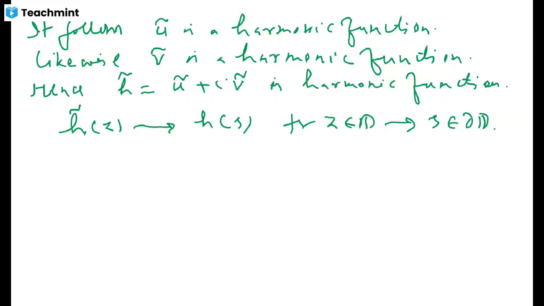And you know this unit circle is a compact set, and on compact sets every continuous function is a uniformly continuous function. On compact sets continuous functions are bounded also, and H is bounded as well as uniformly continuous.